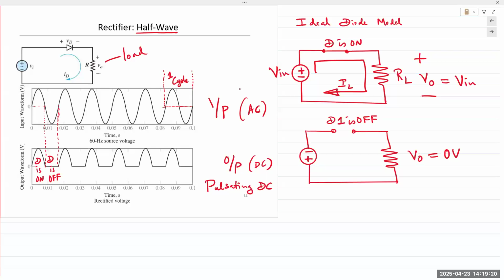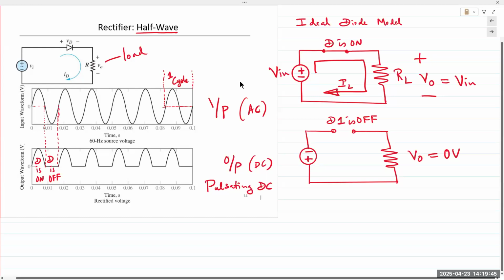But it's my classroom, so I can use pseudo DC. Anyway, as your question asked, there should be a DC value for this, and there absolutely is. We can find an average value for this that would count as the equivalent DC value of this pulsating DC waveform, right? But it's not quite DC.